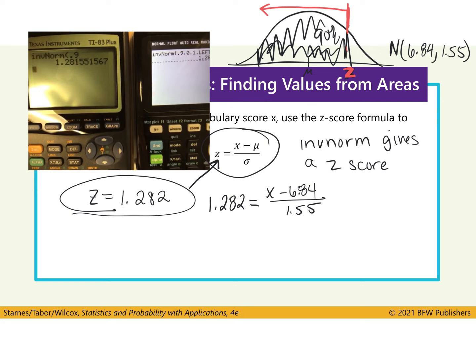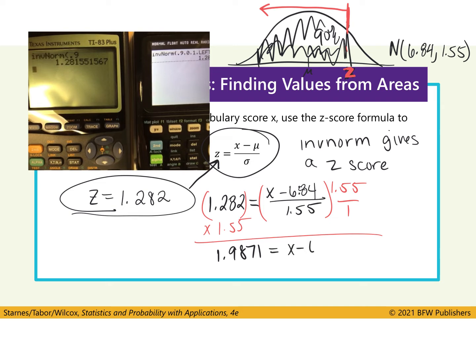How do I get rid of the denominator of a fraction? We multiply it by 1.55 over 1, basically, right? So that the denominator cancels. So 1.282 times 1.55. We're doing that in the calculator. You will never not be allowed your calculator.